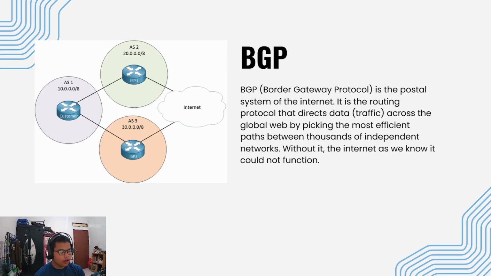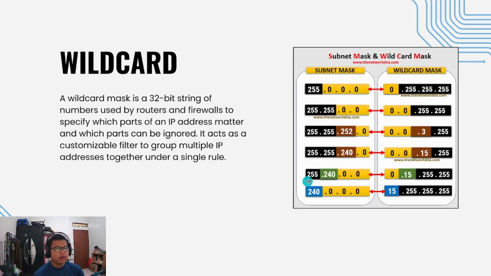So there is a little add-on in this PowerPoint about the wildcard. The wildcard is usually used on OSPF. So what is a wildcard? A wildcard mask is a 32-bit string of numbers used by routers and firewalls to specify which parts of an IP address matter and which parts can be ignored.